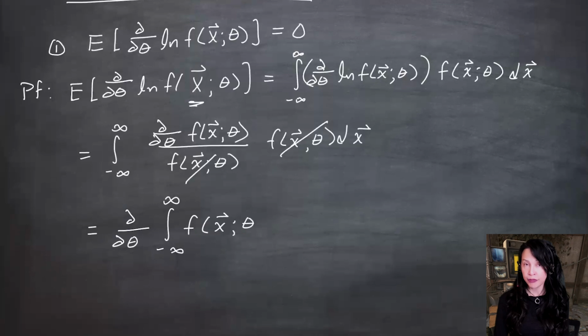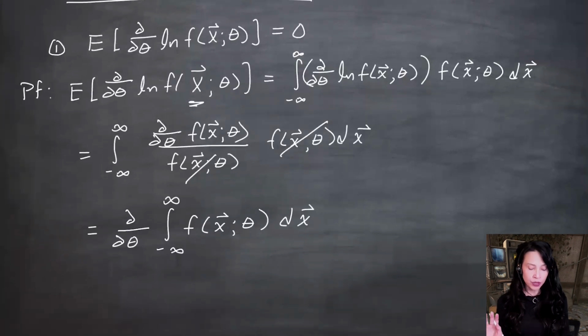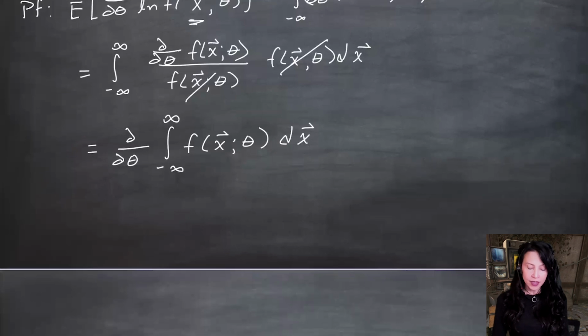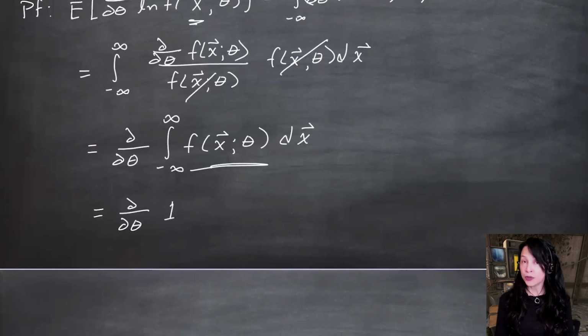This was one of 3 so-called regularity conditions required for the Cramér-Rao lower bound to hold. So we're assuming we can bring that derivative in and out of the integral. But now this is an n-dimensional integral of the joint PDF over the whole space, and that is going to be 1. The derivative with respect to theta of 1 is 0, and that's what we wanted to show.